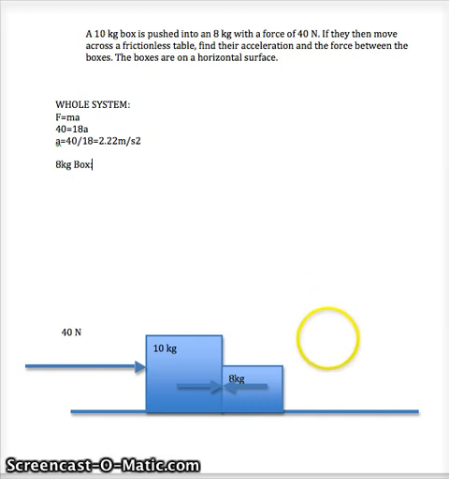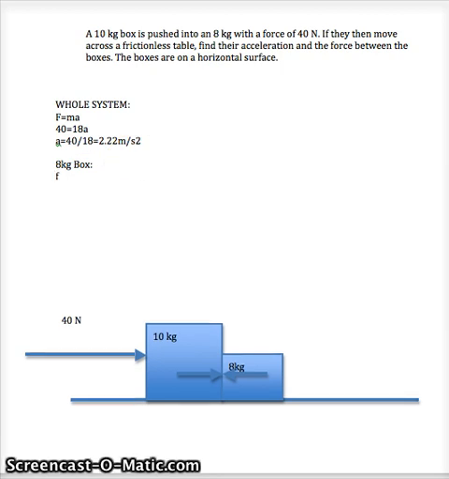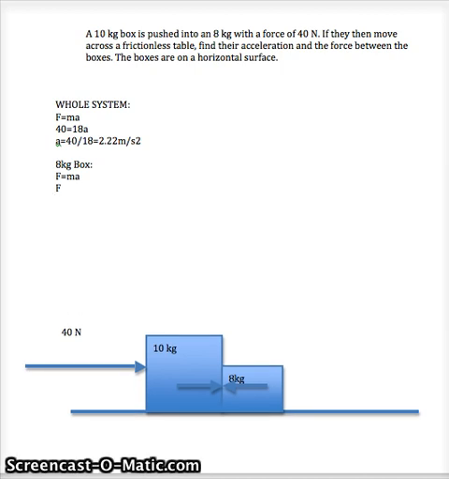Now on the 8 kilogram box, there's only one force. But we don't know what that is. It's not the same as the 40 Newton force, because the 40 Newton force is acting on the whole thing together. On the 8 kilogram box, if we do F equals ma, it's only the force that's acting between the boxes, and that's only on the 8 kilogram mass.